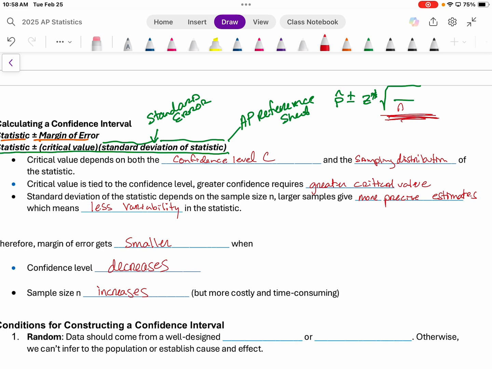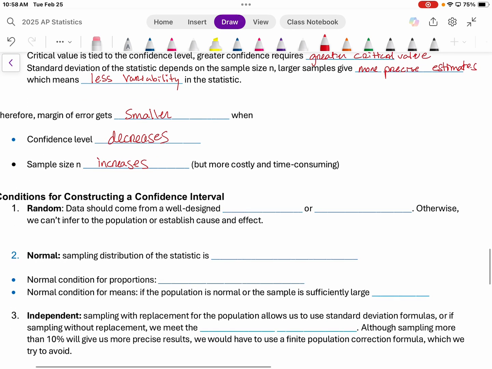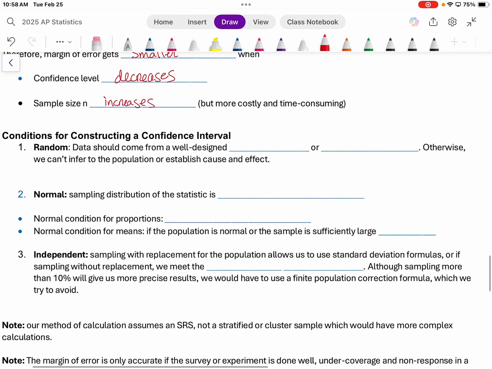Let's see what else. Almost done. Conditions for constructing a confidence interval. First, we have to look at: does the data come from a random sample? Data should come from a well-designed random sample or randomized experiment.